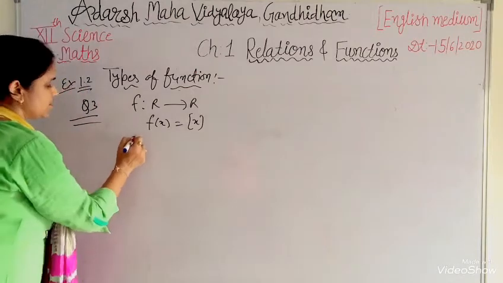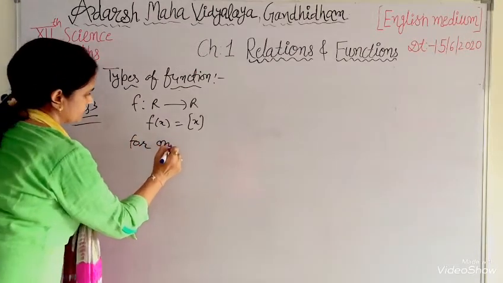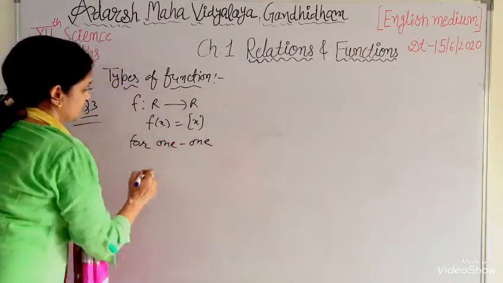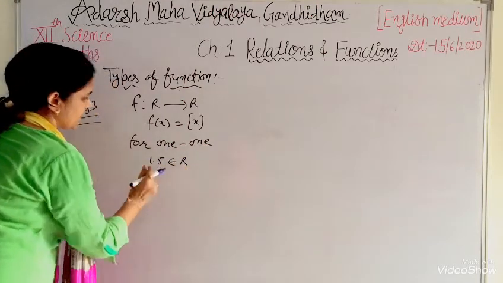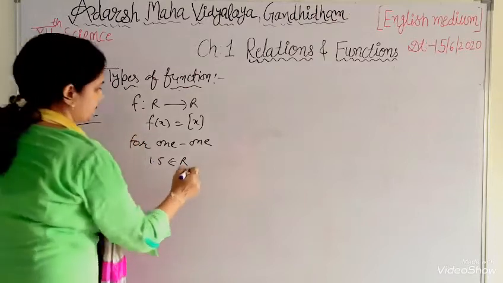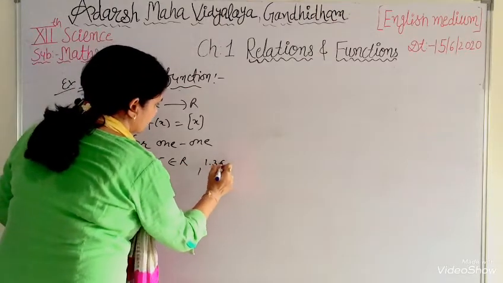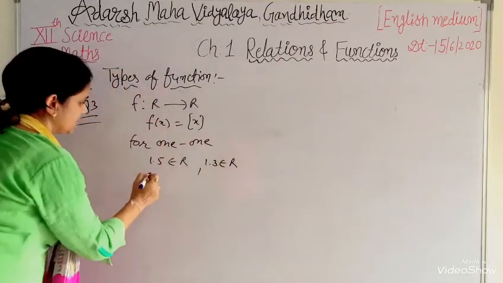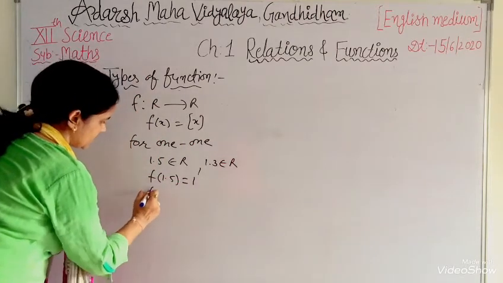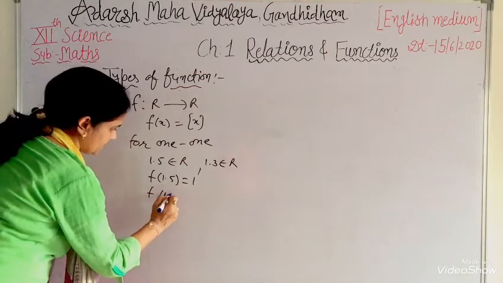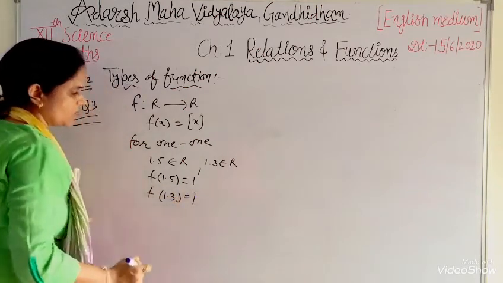First, for one-one. Okay, student, 1.5 belongs to R. I am taking two elements, and 1.3 also belongs to R. The image of 1.5 is 1 and the image of 1.3 is also 1.